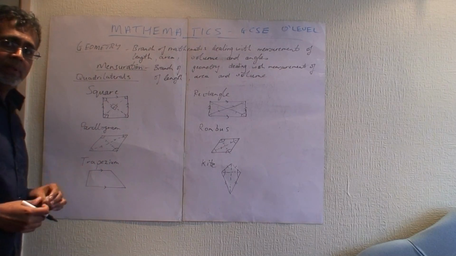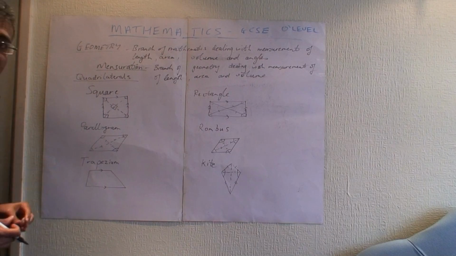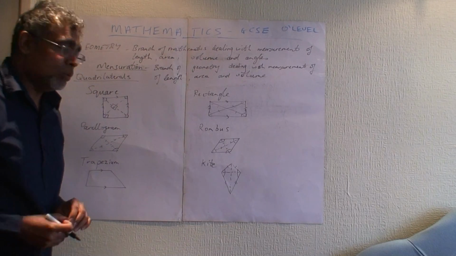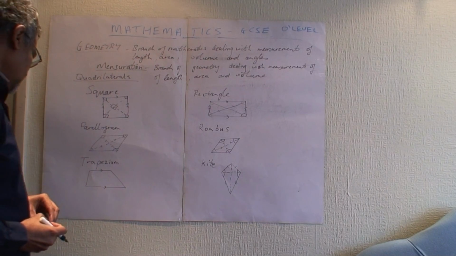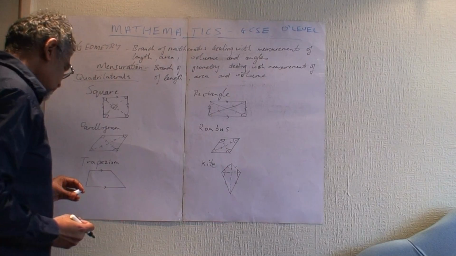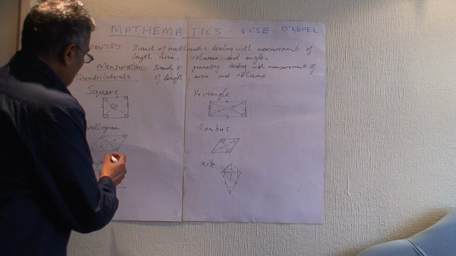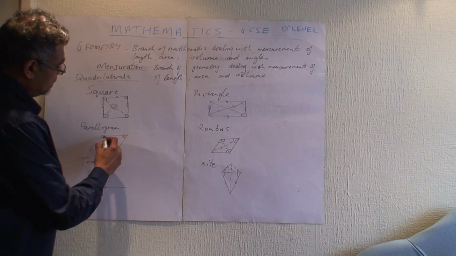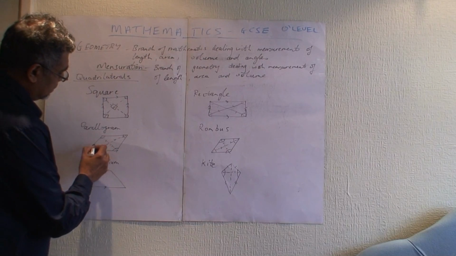The next shape we want to talk about is called a parallelogram. A parallelogram has two pairs of equal sides. This length here is equal to this length, and that length there is equal to that length there.